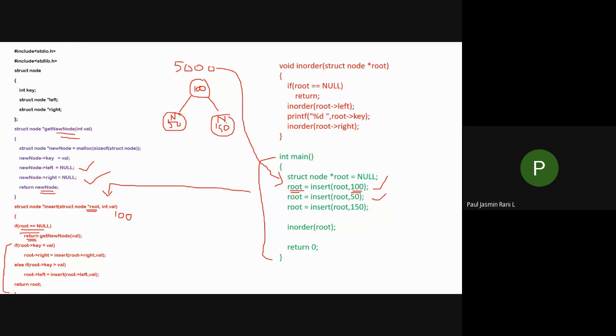Okay, so this is the implementation part of your binary search tree. So when you execute these two statements, automatically 50 and 150 get attached over here. Okay, can you follow this one? Yes, ma'am. Yes.